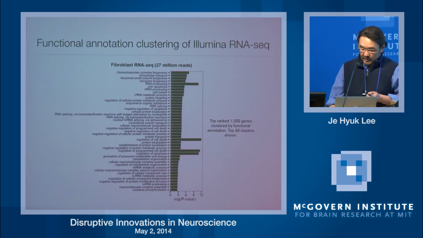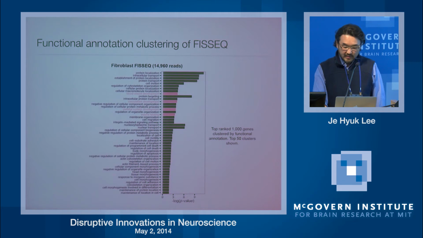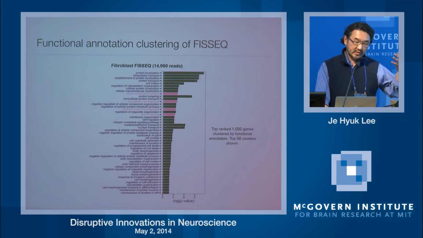But if you were to take our data set, we only have 15,000 reads, and we can take either the top 100, 500, or 1,000 genes. In this table, I use 1,000 genes. But immediately, all the things that you associate with fibroblasts pop right to the top. So this told us, hey, we might be able to really get at cell function just by using our technology without having to worry about what our gold standard negative and positive controls are and such.